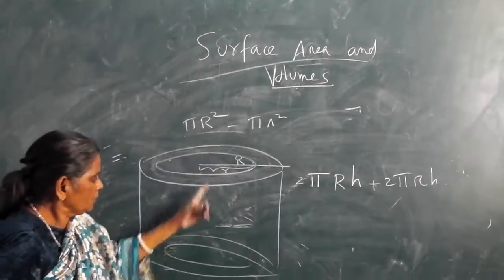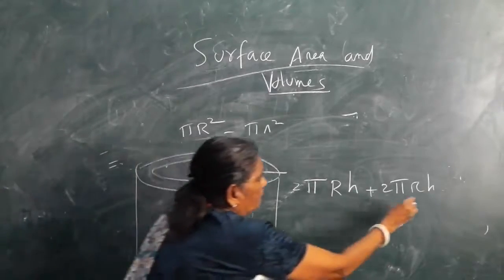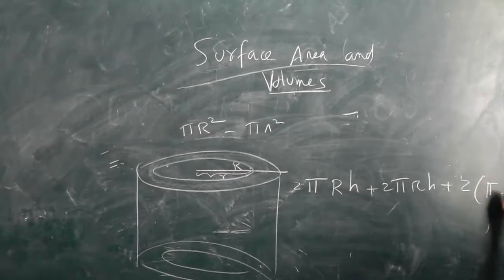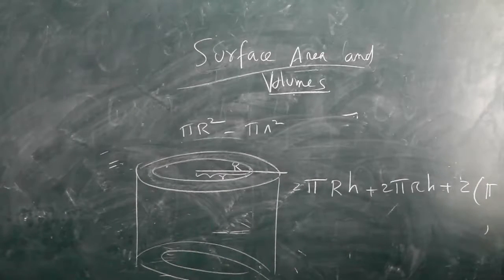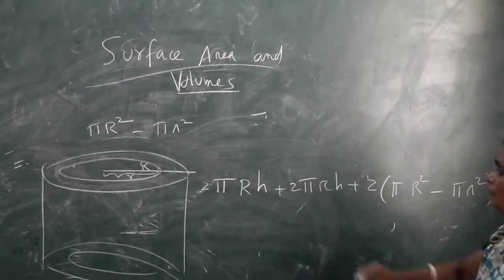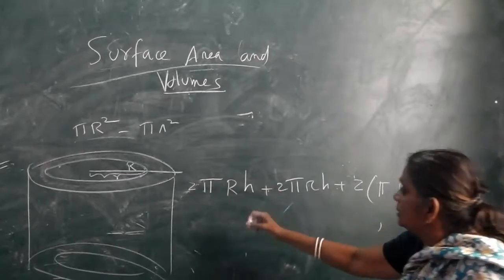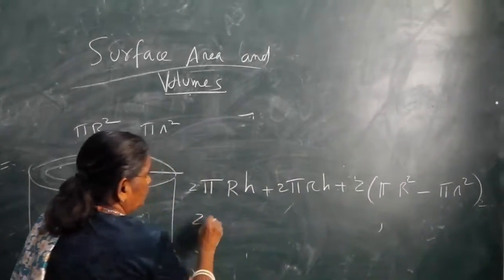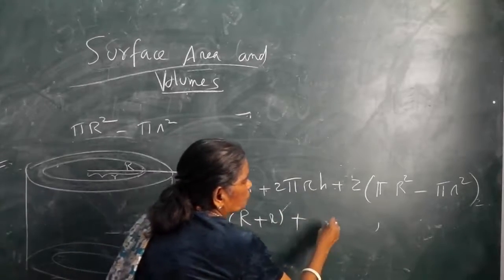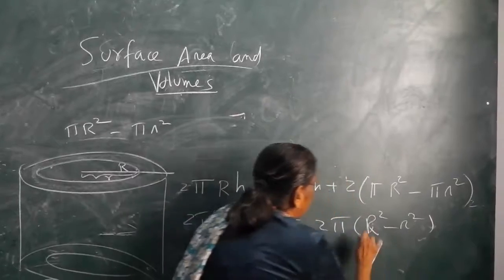Okay. Now, that you are having on the top and the bottom also. So, plus 2 times pi R square minus pi r square. So you just simplify it, then you can take all the common factors. For example, you can take 2 pi h, R plus r, plus 2 pi, R square minus r square.